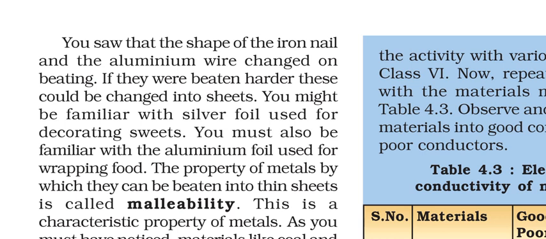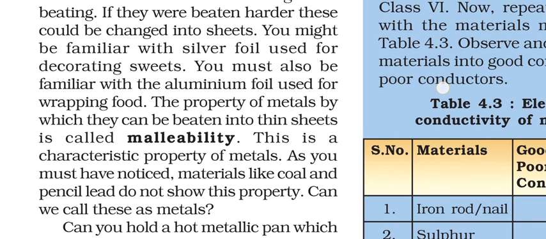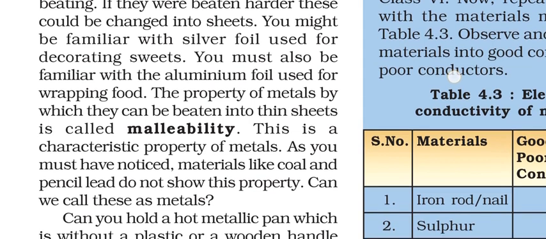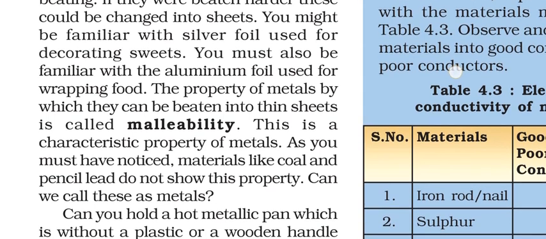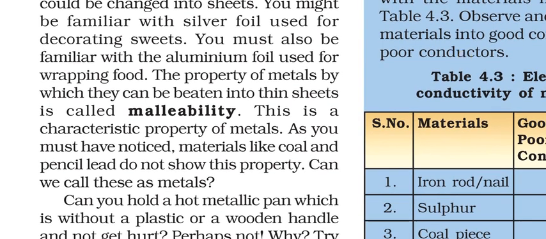So we understood that metals can be beaten into thin sheets, and this property of metals by which they can be beaten into thin sheets is called malleability. What is this called? This property is called malleability. So every metal on the earth has this property of malleability. This is the most general property of metals.